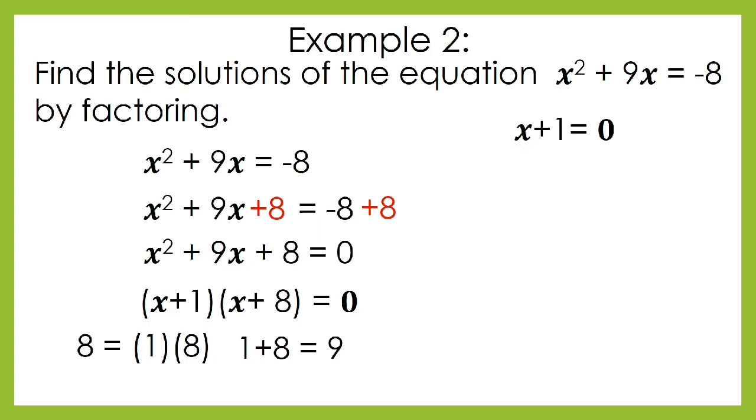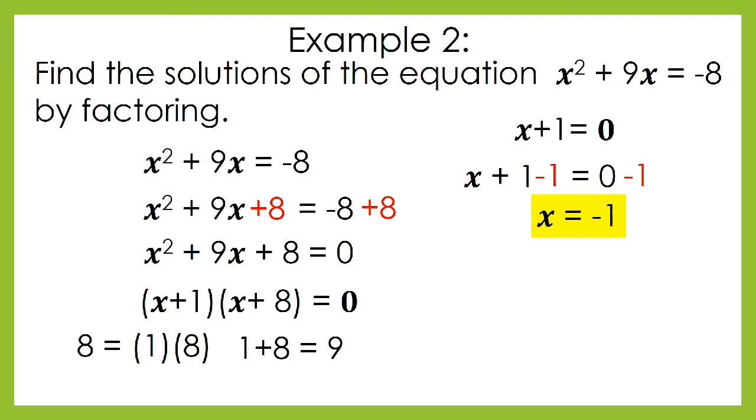To do that, we will apply the subtraction property of equality. We will subtract 1 to both sides of the equation. And then simplify. We now have x equals negative 1. This is now the first solution of the equation.